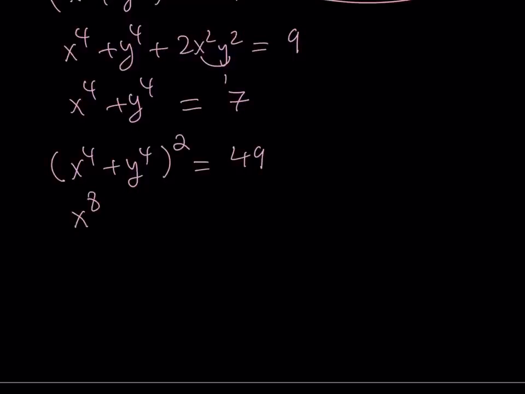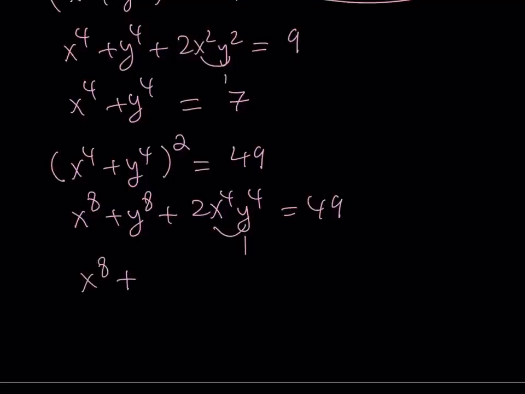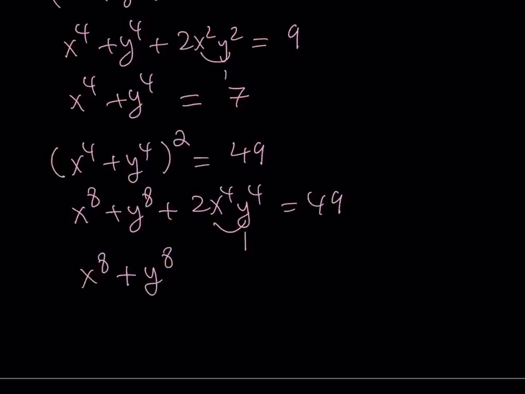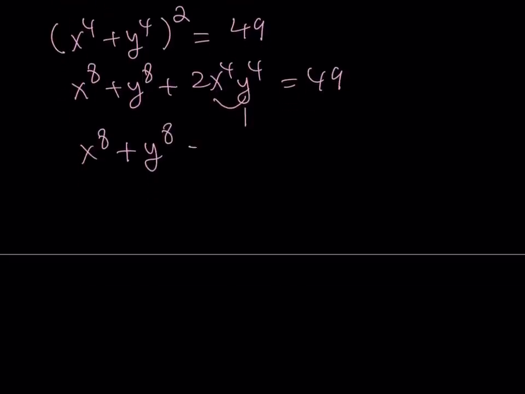On the left-hand side, we get x to the 8th plus y to the 8th plus 2x to the 4th y to the 4th equals 49. As you know from before, this is equal to 1, and 2 times 1 equals 2. So if you subtract 2 from both sides, you get x to the 8th power plus y to the 8th power is equal to 49 minus 2, which is equal to 47.